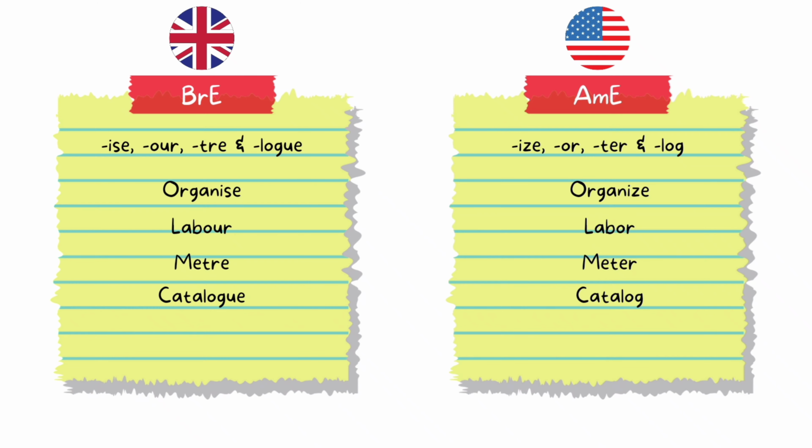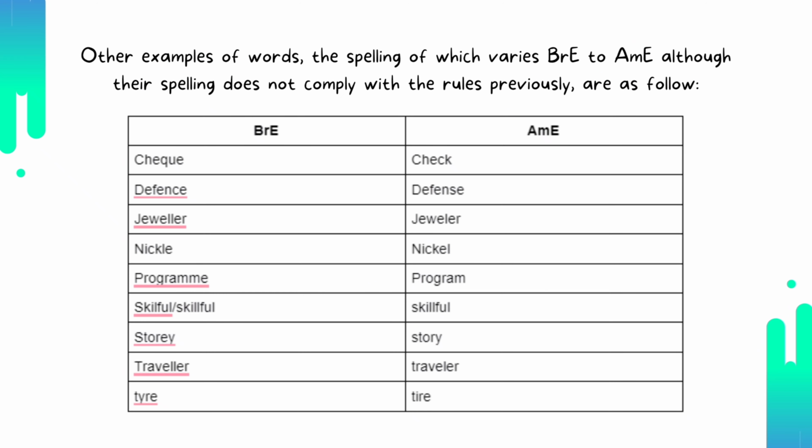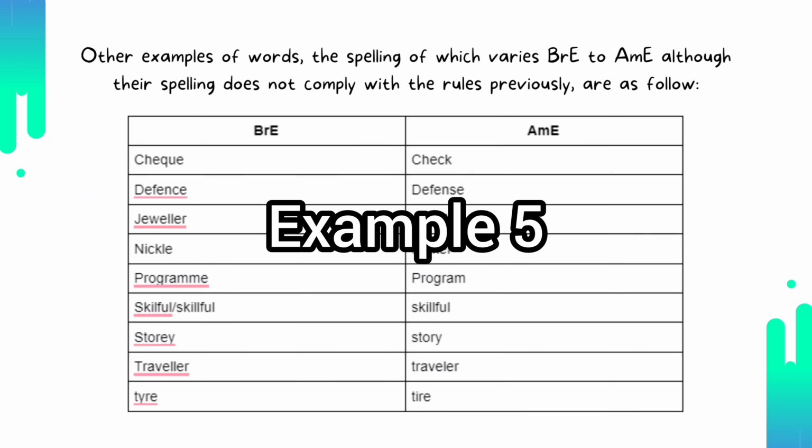Other spelling differences include the changing of IZE for American English from ISE in British English, TER in American English and TRE in British English, and so on. There are a few words which vary from British English to American English which the spelling does not comply with the previous rule. Here are a few examples of those words.